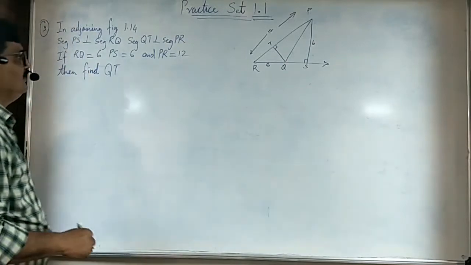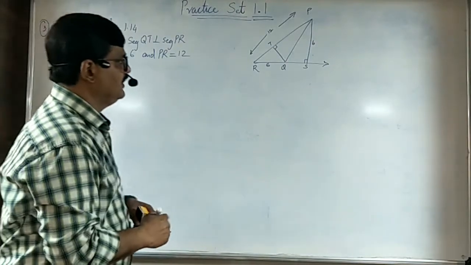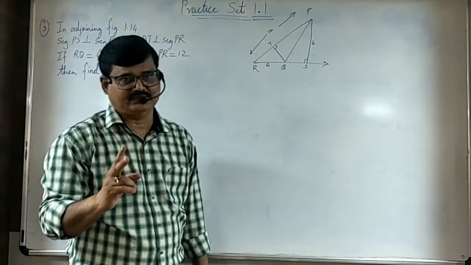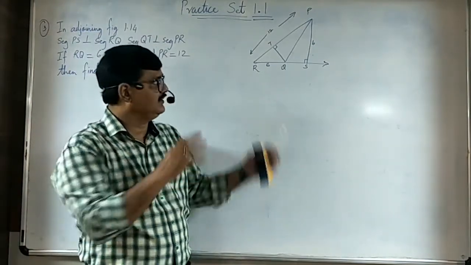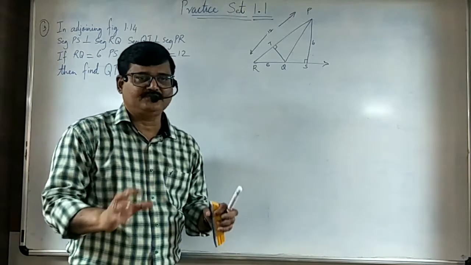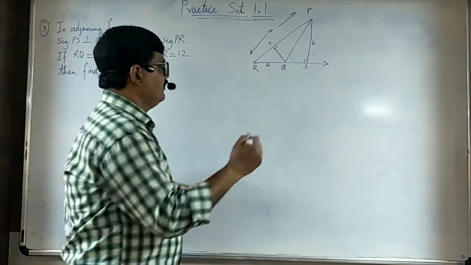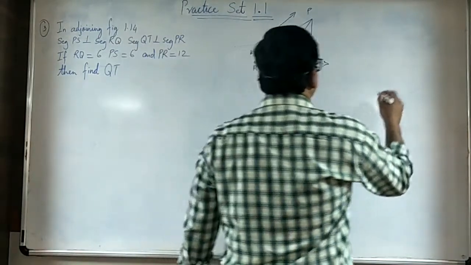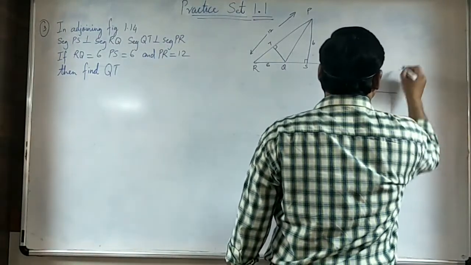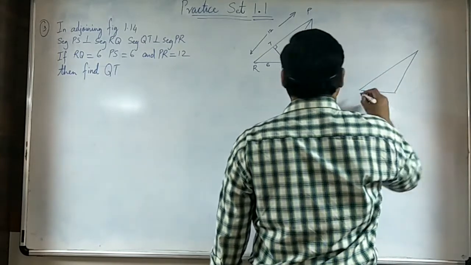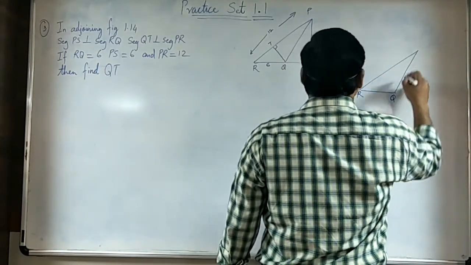Now to find the value of QT, it's very simple, very easy. We will be having two triangles in this figure. First of all, I'll draw a separate triangle for you all over here. The triangle's name is RQP.